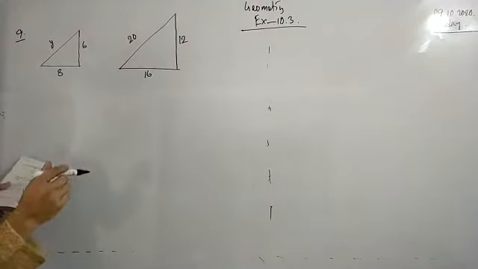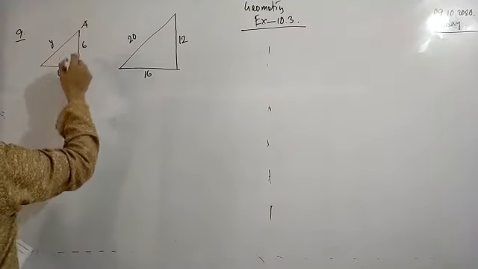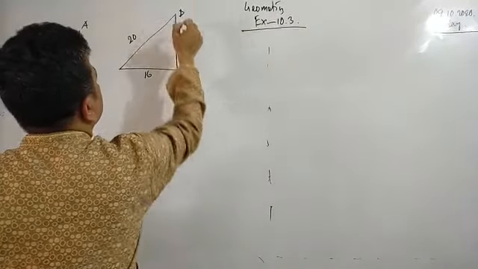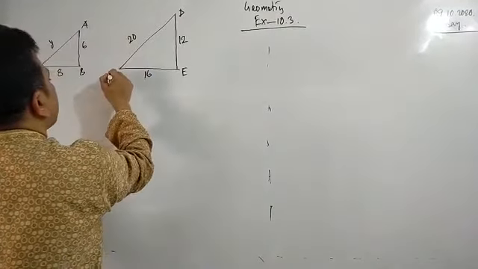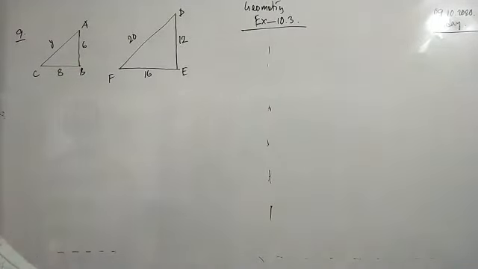If we rename this triangle ABC and this one DEF, no problem, we can rename it. So we take the ratio of each corresponding side.